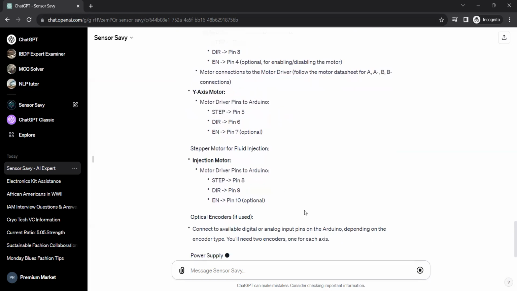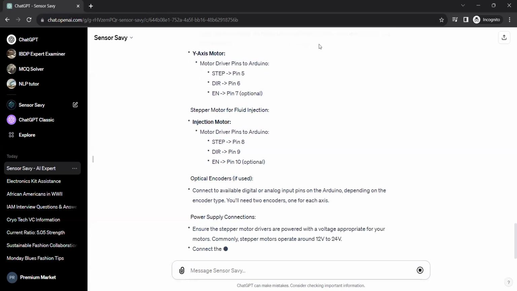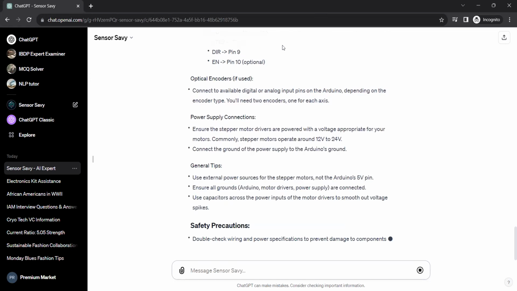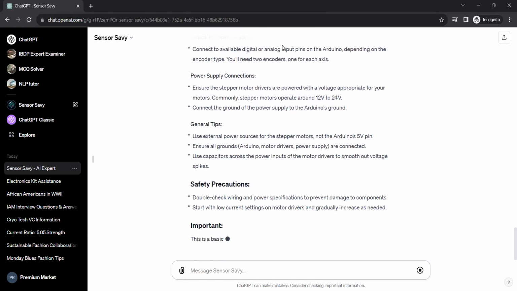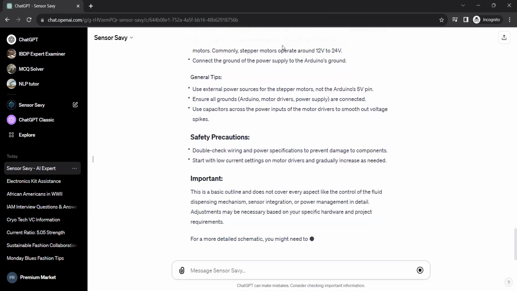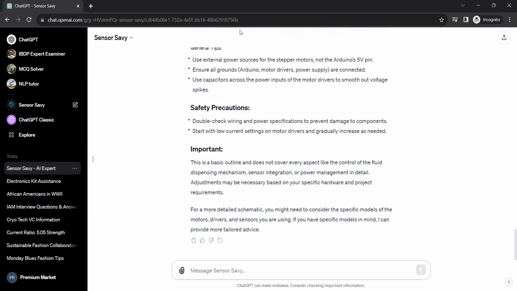No, it's still doing it. Okay. General tips: how you should do it, what safety precautions you need to take, and then, yes, you might need to consider specific models of the motor, sensors, everything. See how nicely it has given you everything.